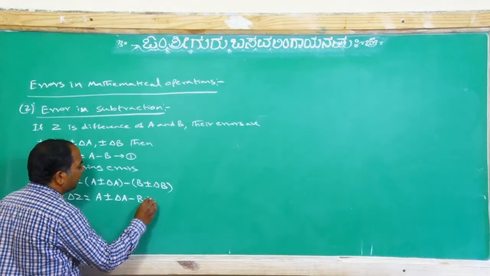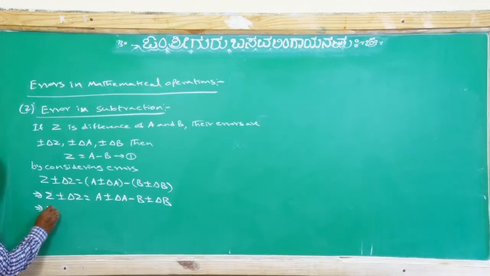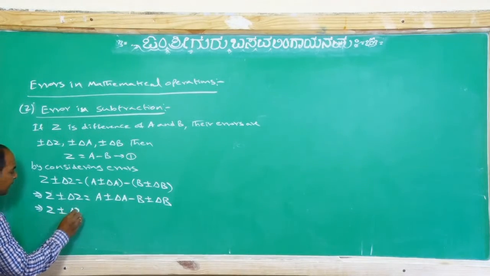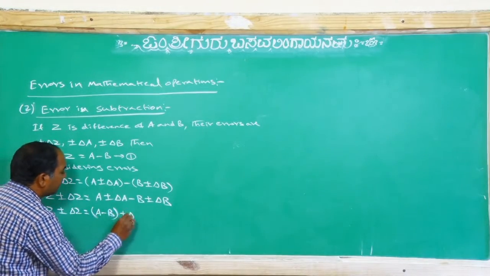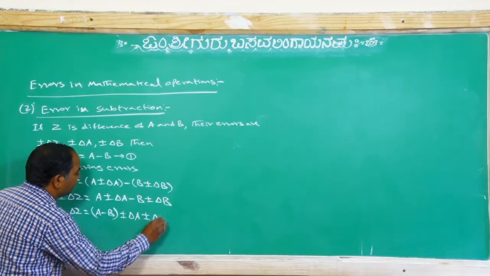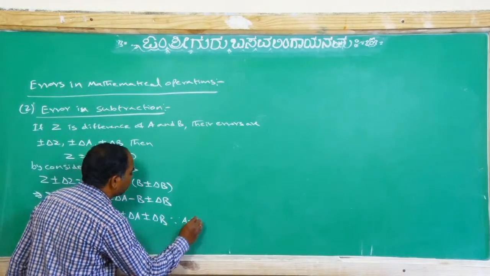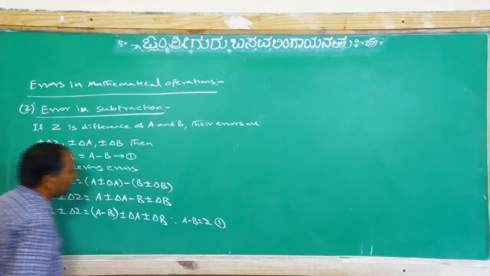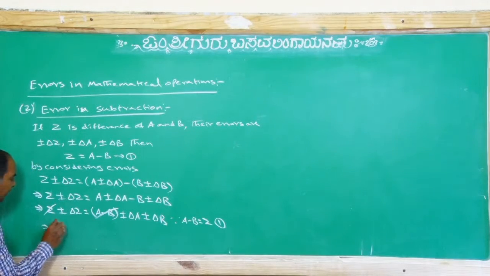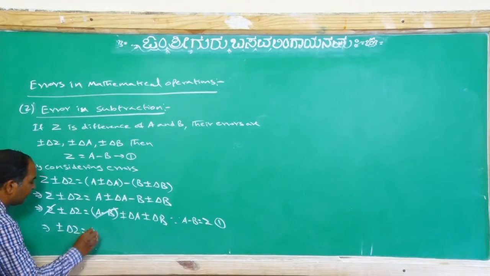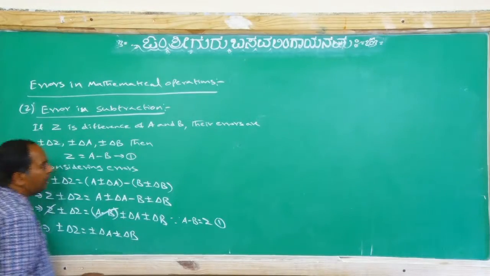So Z plus or minus delta Z is equal to A minus B plus or minus delta A plus or minus delta B. Here we already know A minus B is equal to Z from equation 1, so A minus B and Z cancel. So plus or minus delta Z is equal to plus or minus delta A plus or minus delta B.